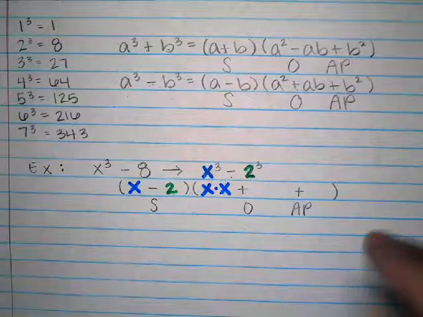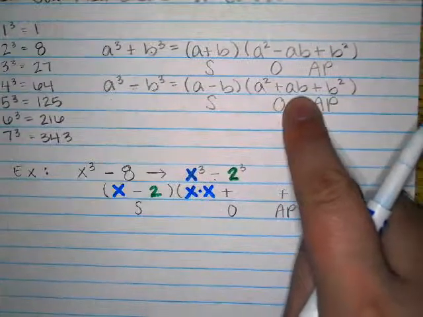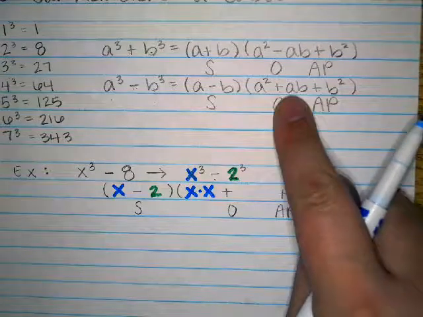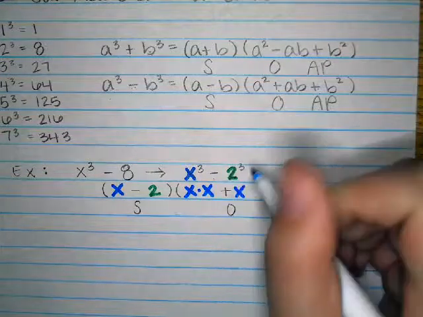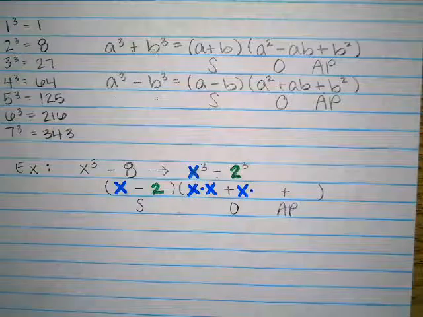Now for the middle one, I do the first number multiplied by the second number. So I'm going to do x multiplied by 2.